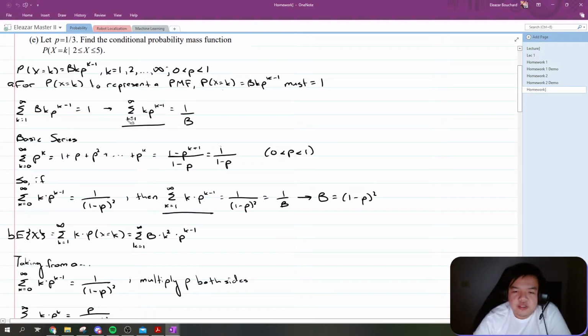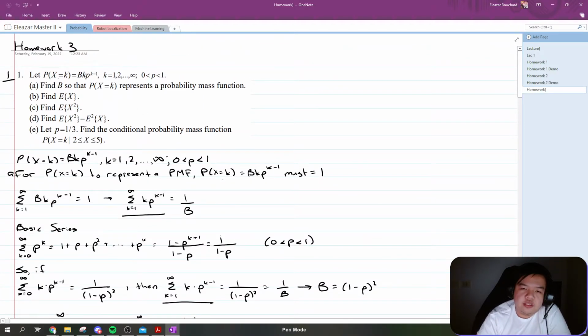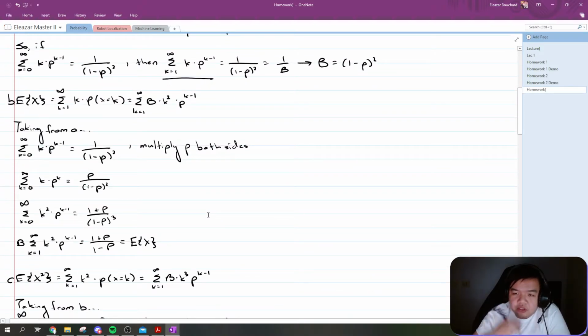We basically get our k from up here. It says, let the probability of x equals k. Taking from part a, we know that the summation of k times p to the k minus 1 equals 1 over 1 minus p squared, and we want to multiply p on both sides, so we get the summation of k times p to the k equals p over 1 minus p squared.